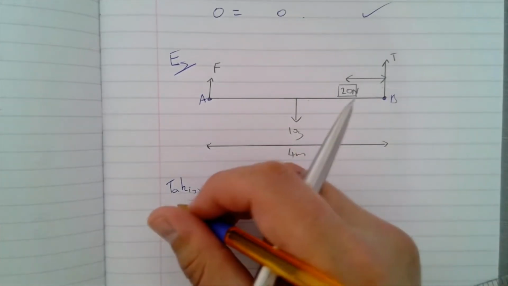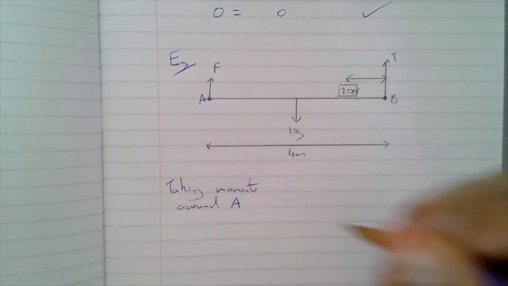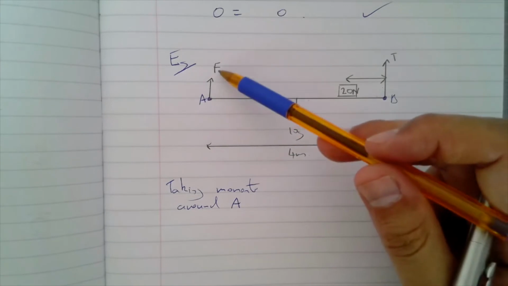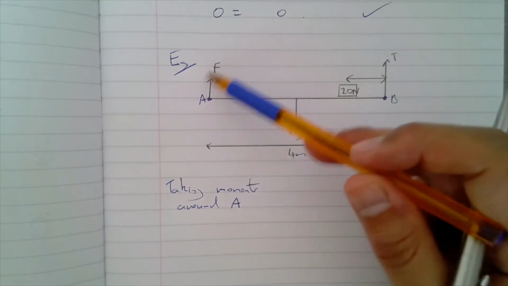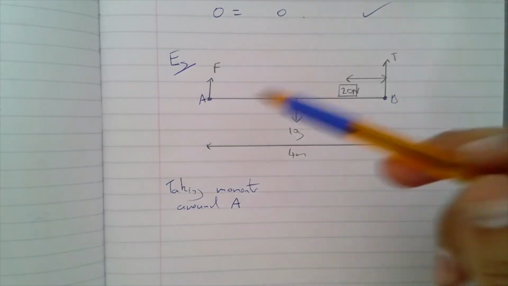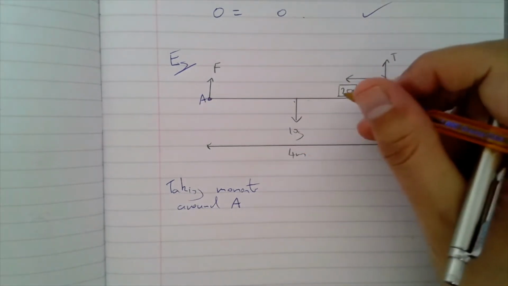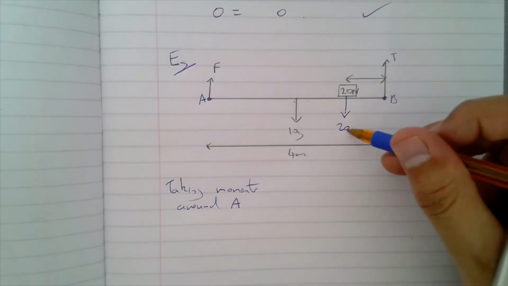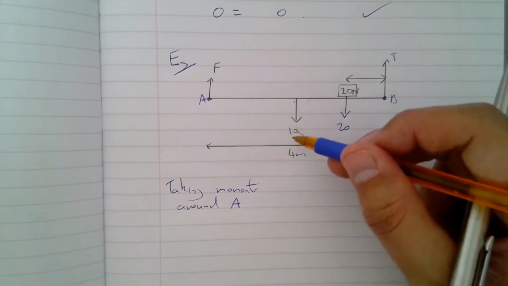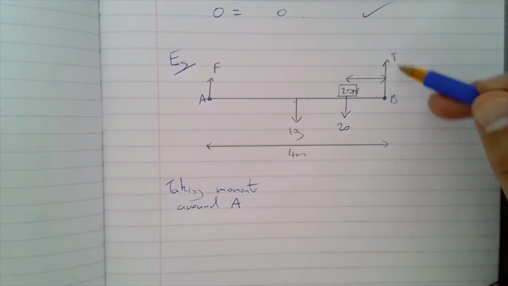So taking moments around A, this force here is 0 distance away from A, so this doesn't contribute. However, this force contributes. There'll be a force that comes out of this one, and you should add that to your diagram. That's going to be 20. Notice this is 20 newtons, so it's just a 20, and this is 10 kilograms, so it's 10g. And then I've also got this force acting upwards.